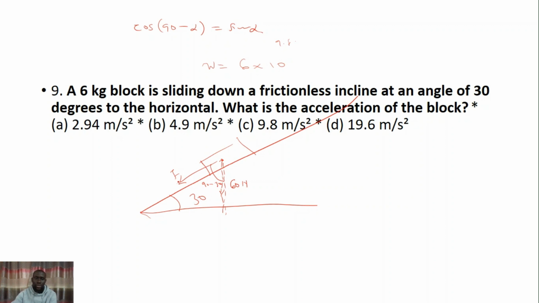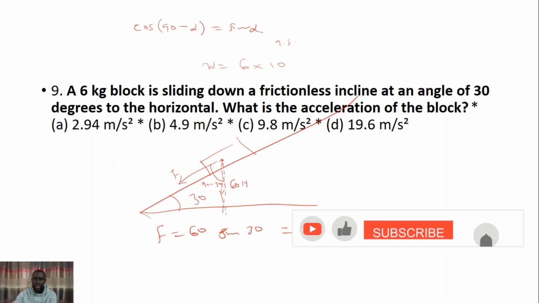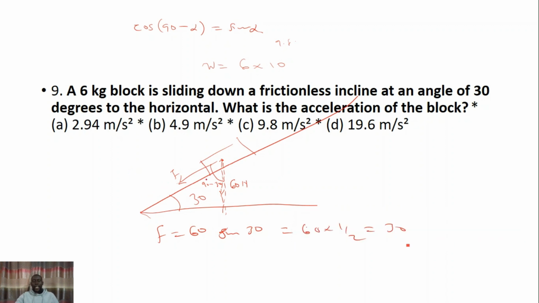So the force here, F, will be equal to 60 sine 30. And this is equal to what? This is equal to 60 times 1 over 2 equals 30, right? So that is the force along this axis. Having known the force, we can now know the acceleration of this block here. Force is equal to mass times acceleration, right? And acceleration is equal to force divided by mass.